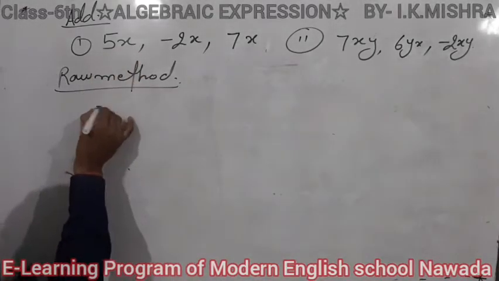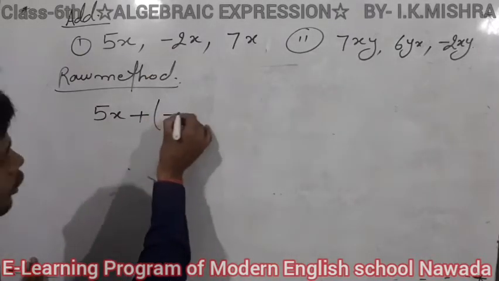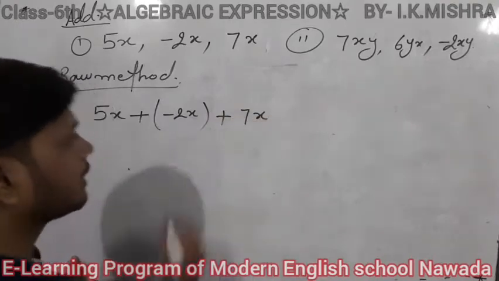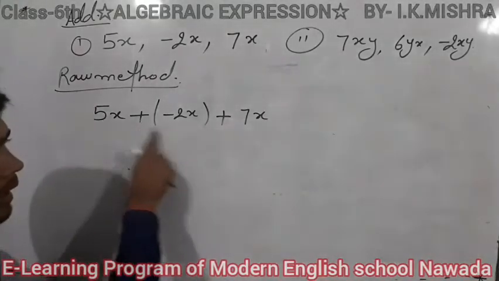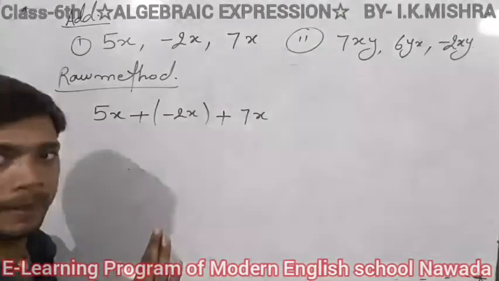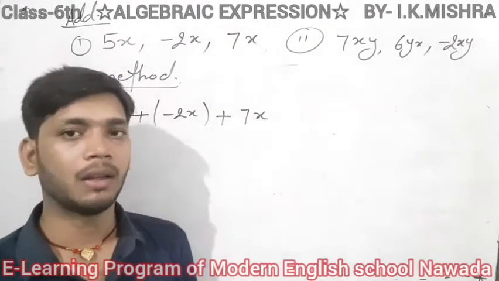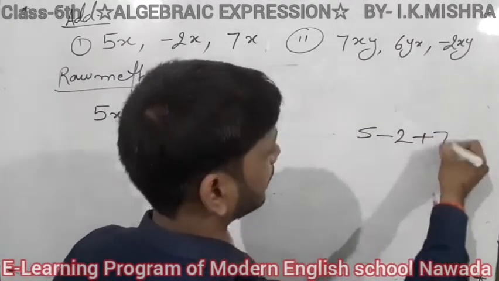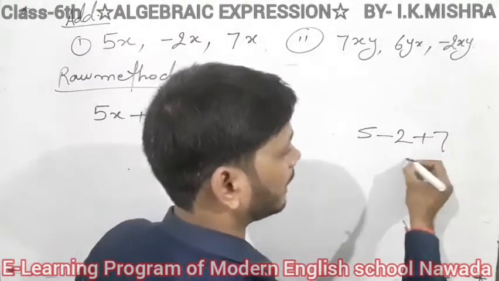Here write 5x plus here minus 2x and plus here 7x. Students, here all of these are like terms, so all of the numeral parts will be added. And I think you know the simplification method. Suppose you have to simplify 5 minus 2 plus 7, and its value is 5 plus 7 is 12, 12 minus 2 is 10.